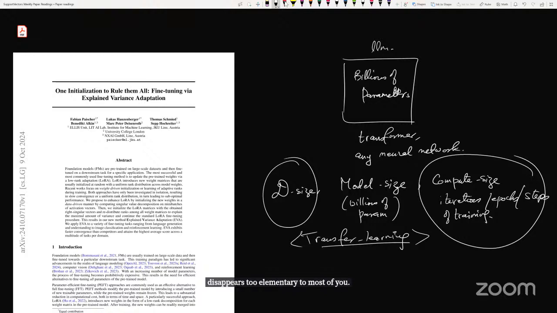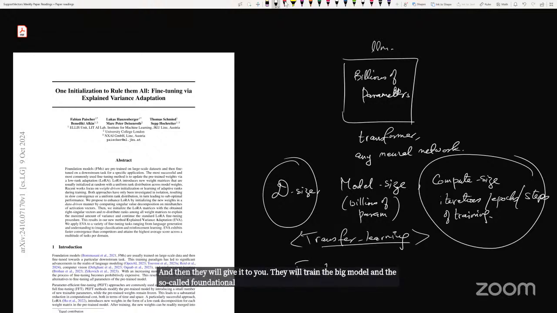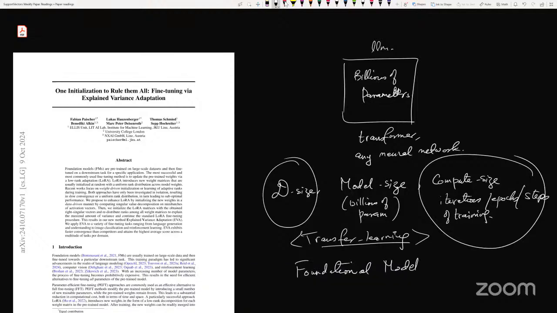Transfer learning was the concept that people with the right resources who can train big models will train the big model, and then they will give it to you. They will train the big model, and these so-called big models are foundational models, which is literally mentioned in the very first line of this paper, foundational models.